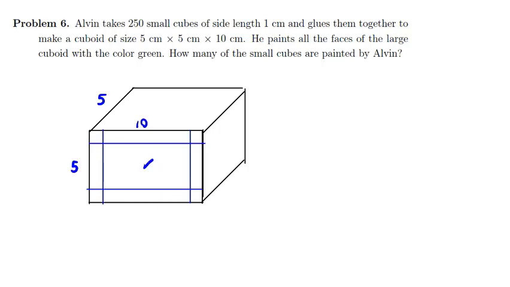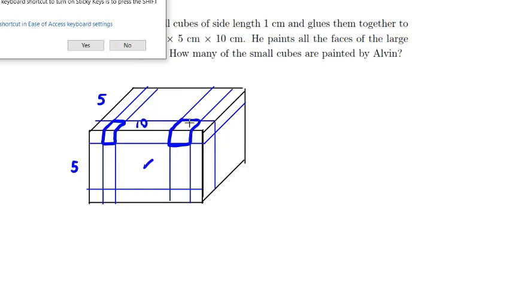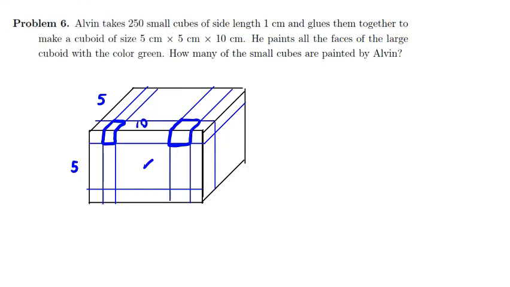Then I consider 3 cases. The other cubes I want to calculate after that are on the edges, because they are on 2 faces. And the last part I want to calculate are the corners, because they are on 3 faces.